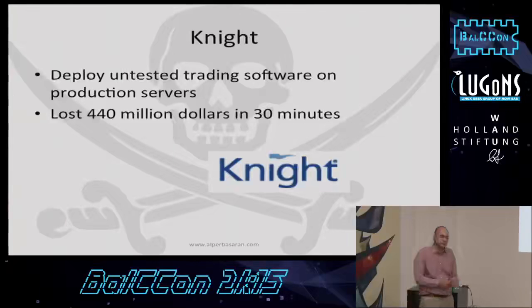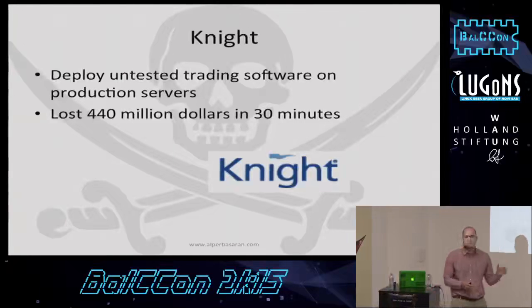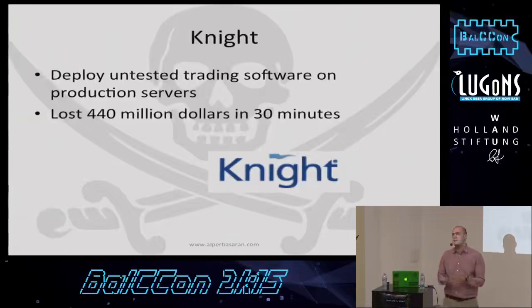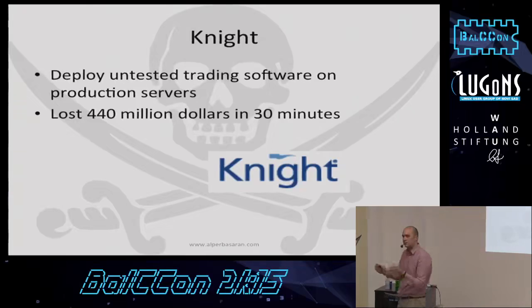Knight was a company that bought and sold stock in the United States, and they had some servers that did this automatically. So if they found a stock that was lower than it should be, it bought it, and when the price went up, it sold it. It did this automatically for as long as it could.